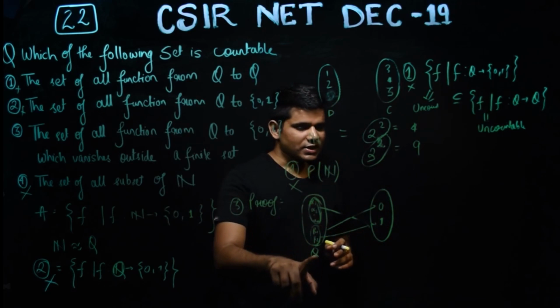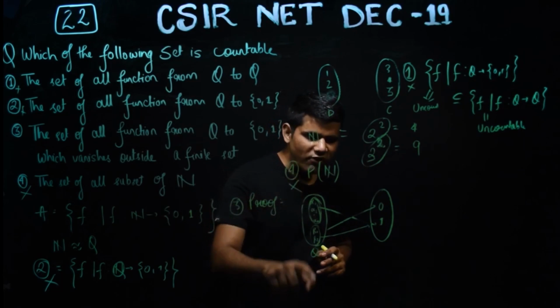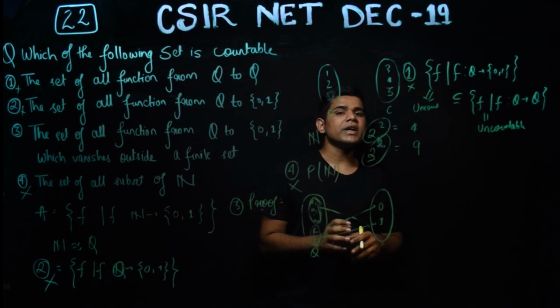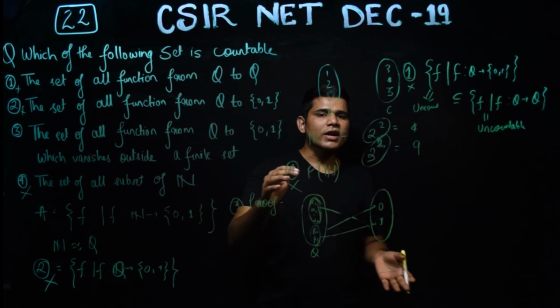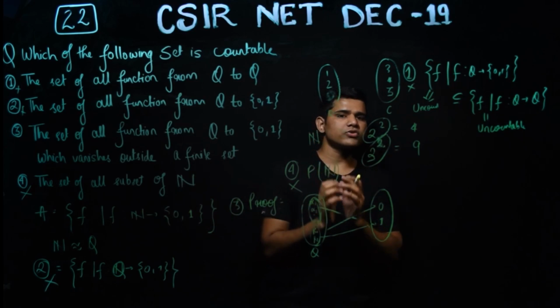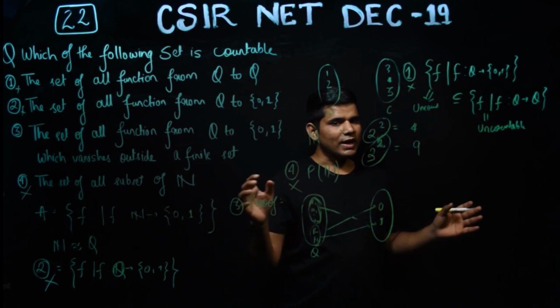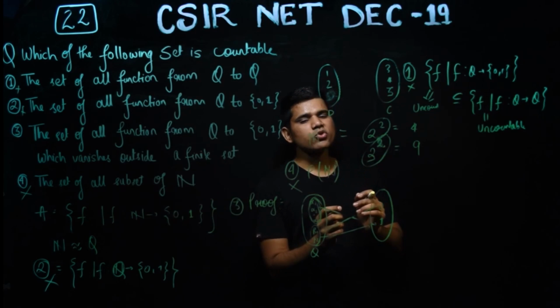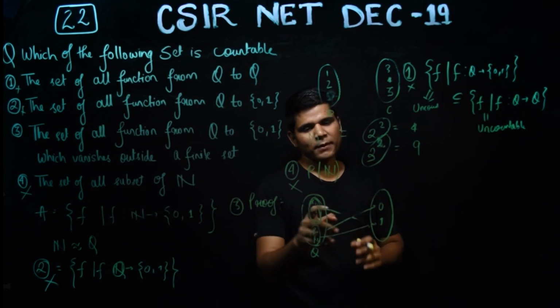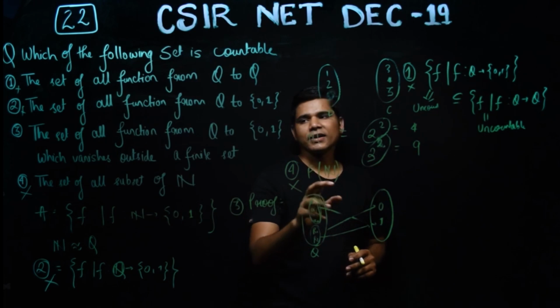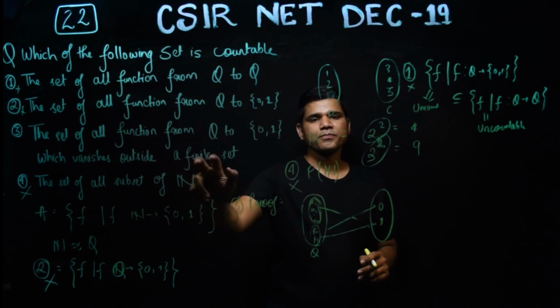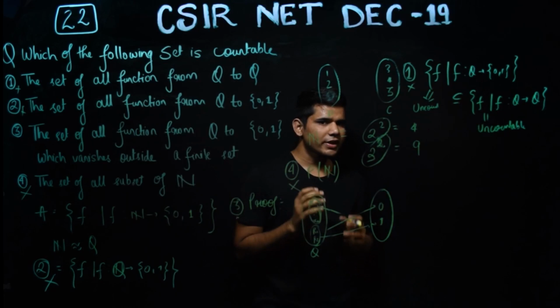Since Q is countably infinite, the number of its finite subsets will be countably infinite. So you are collecting all those functions, which means you are collecting all those sets, and using that theorem this will be countably infinite. You are getting my point or not?